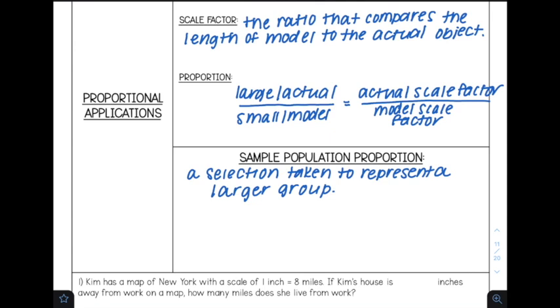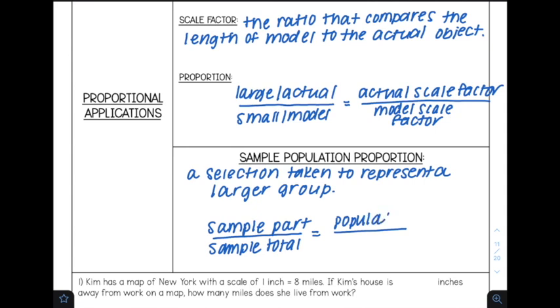And the proportion for that would be sample part over the sample total. And you're comparing it to the population or the larger group. That part over the population total. Again, solving it just like you would normally solve a proportion.